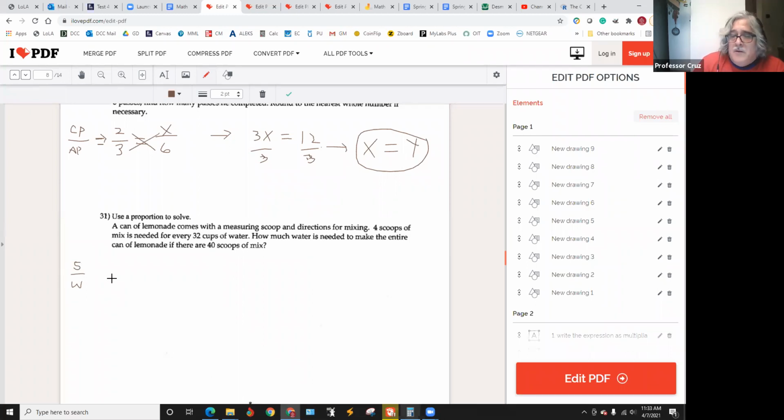So on this, 4 scoops is needed for every 32 cups. And then they're going to give us one or the other, and we'll fill in that one and put an x in the place. How much water is needed to make the entire can of lemonade if there are 40 scoops? Oops, 40 scoops.